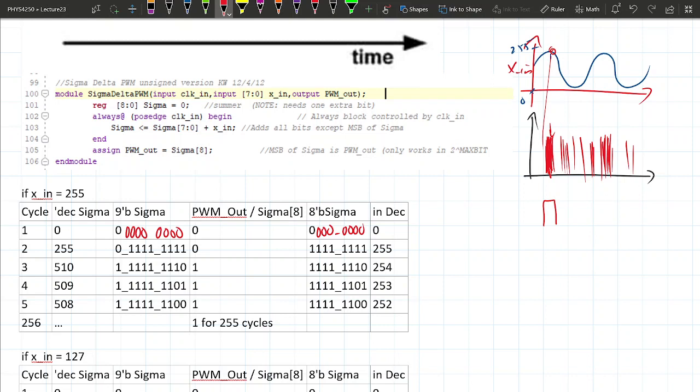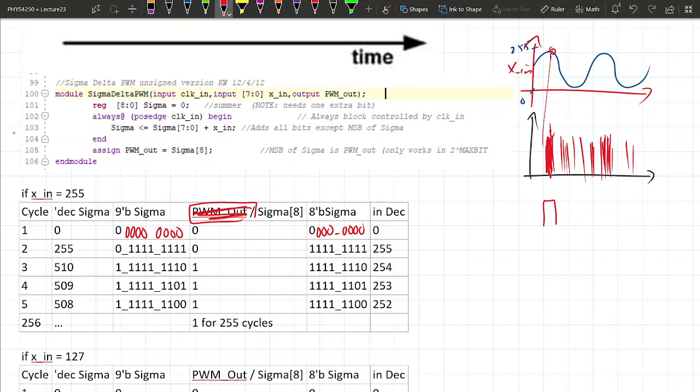So we haven't got over 256 yet. Actually, in this case, if we're just taking this bit right here, we should just call this sigma 8. I think this was not a divider, it was just like an OR. Well, in this case, sigma 8, which is the 9th bit, is still 0, so nothing interesting happens.